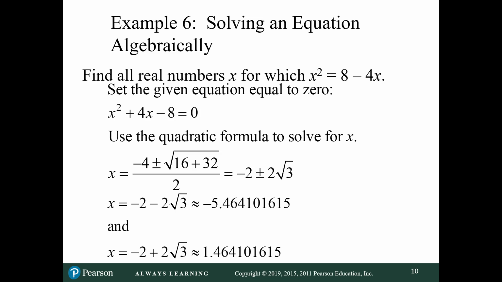Well, that doesn't factor, so you have to use the quadratic formula. Remember the quadratic formula? Everybody knows how to sing the quadratic formula song, right? Negative b plus or minus the square root of b squared minus 4ac all over 2a. Okay, so we remember it.